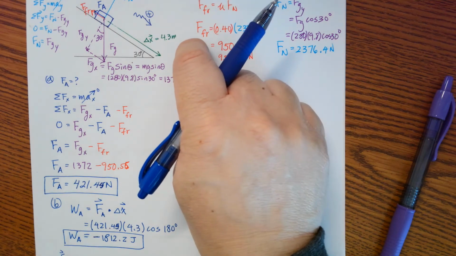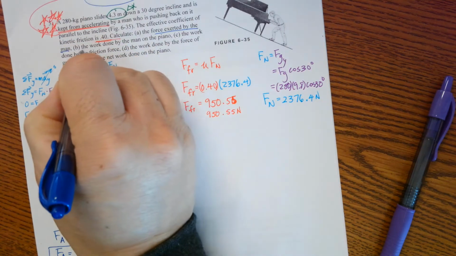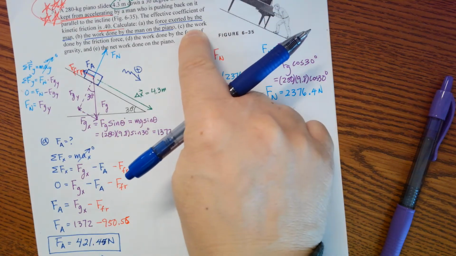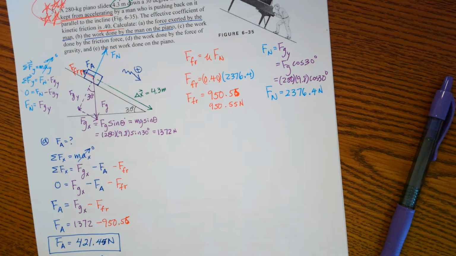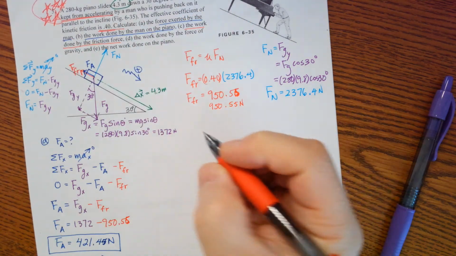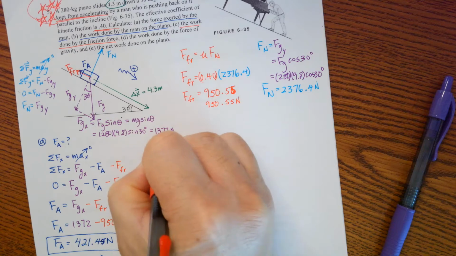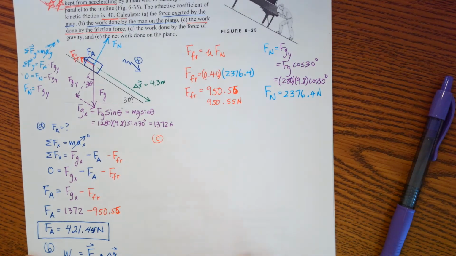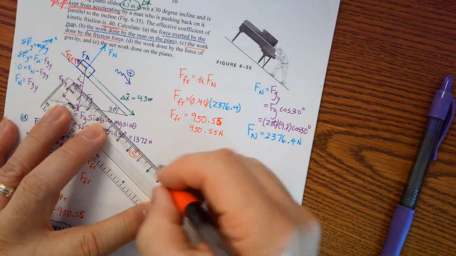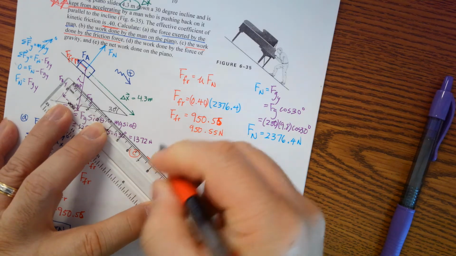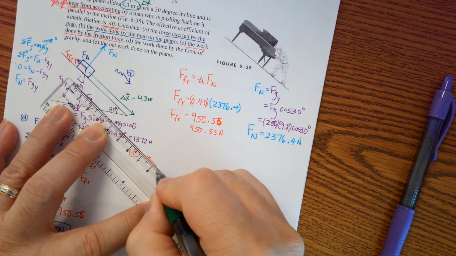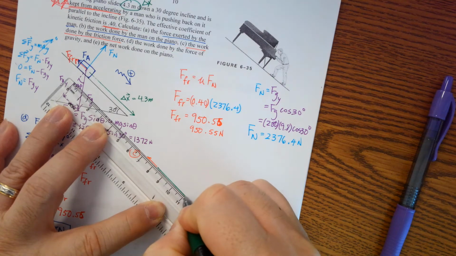What is part C? The work done by the man is done. Part C asks for the work done by the frictional force. So how much work is being done by the frictional force? For part C, my frictional force is going to be acting up the incline. So here's my frictional force. And my delta x is acting down the incline.